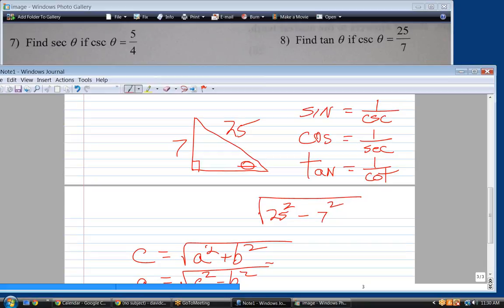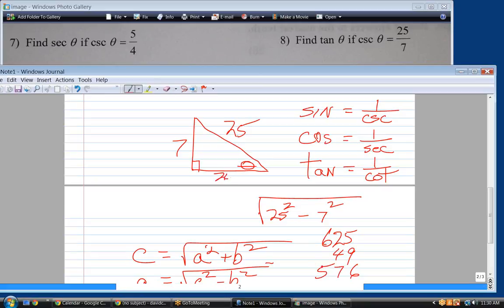Now, this is 625 minus 49, which is 576. The square root of that is 24.